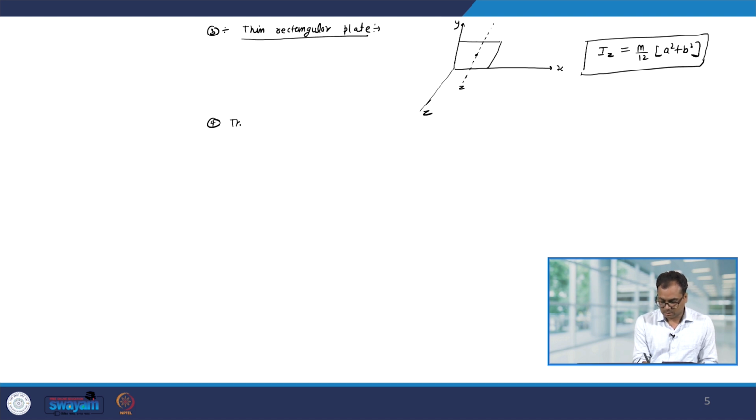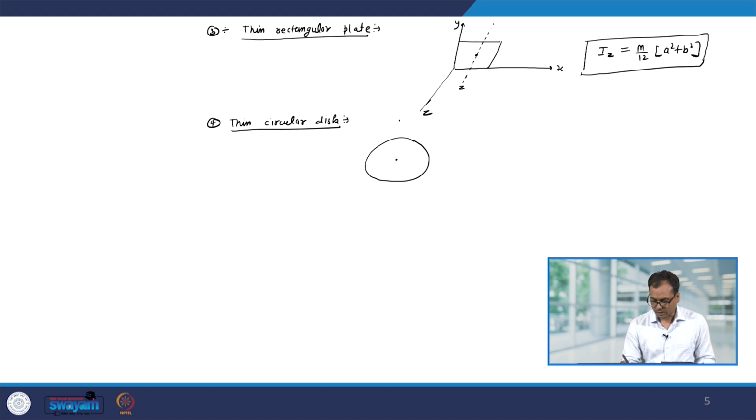If you have a thin circular disc, and the moment of inertia again about an axis passing through the center and perpendicular to the plane will be half m r square, where r is the radius of it.